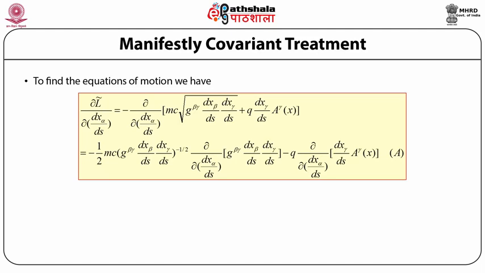We have changed the dummy indices in L from alpha beta to beta gamma since an index cannot be used more than twice.